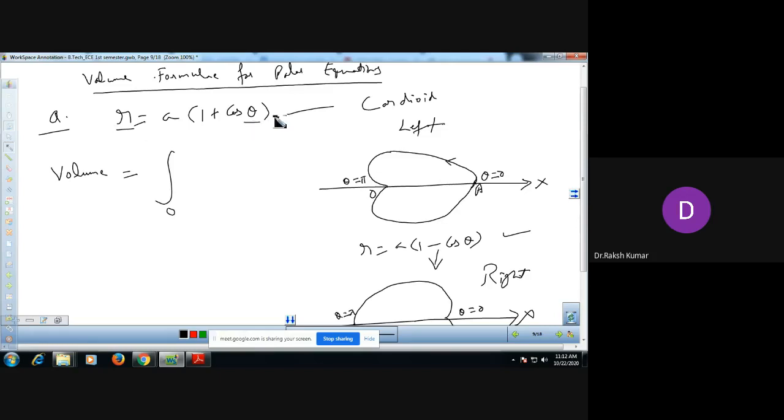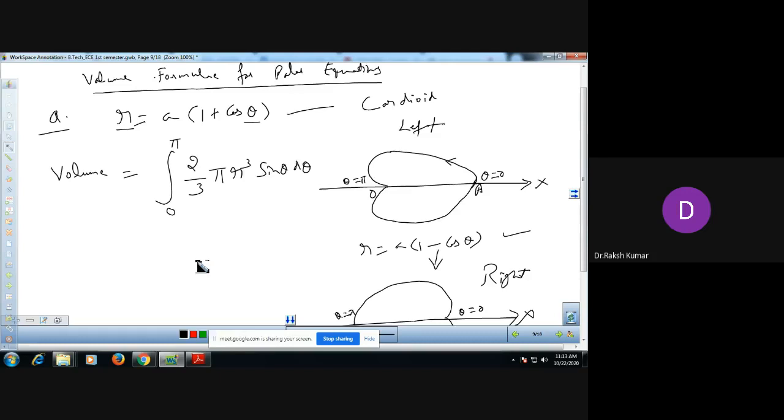Just see, r is there, theta is there. If the equation is in terms of r and theta, then it is said to be in polar form. So this is 0 to pi, and the standard formula is 2 by 3 pi r cube sine theta d theta.